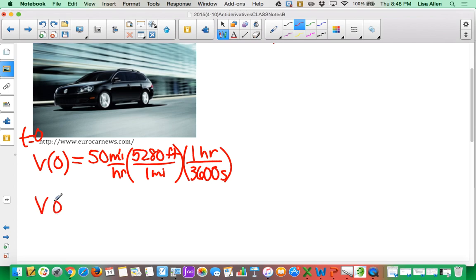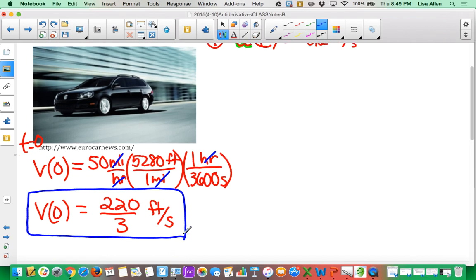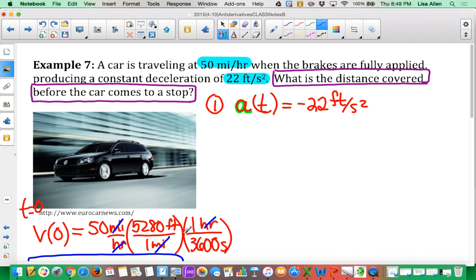V sub 0 is equal to 220 over 3, in feet per second. As you can see, miles cancel and hours cancel, and our units are feet per second. So now we have the initial velocity.